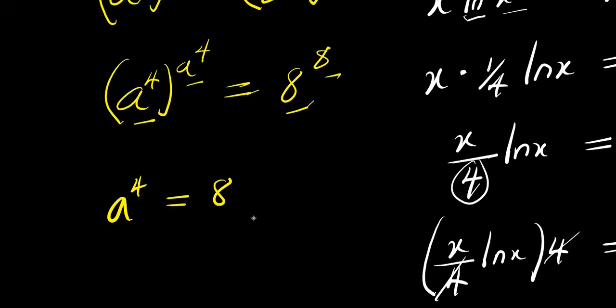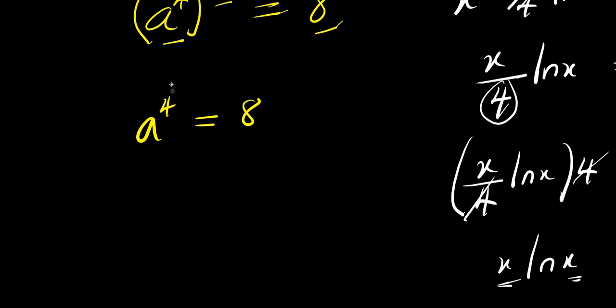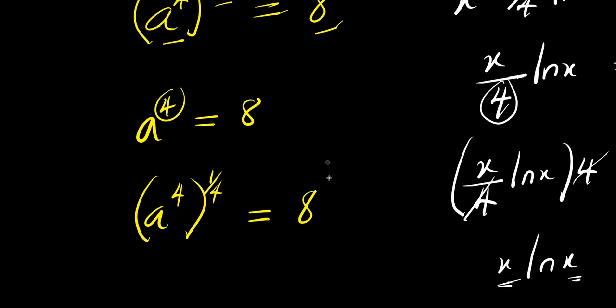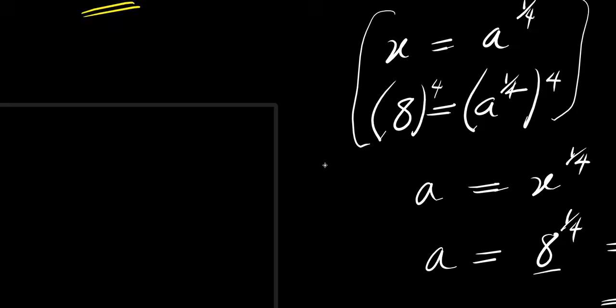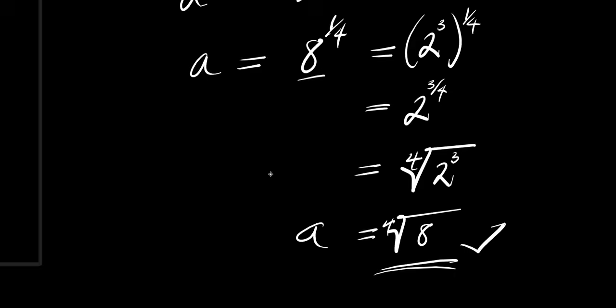I can solve for a by eliminating this 4, so have a power 4 raised to the power 1 over 4 equals 8 power 1 over 4. This 4 eliminates this 4, I have a equals 8 power 1 over 4. So from here, I can have a equals the fourth root of 8, which also corresponds to this particular solution, the fourth root of 8.